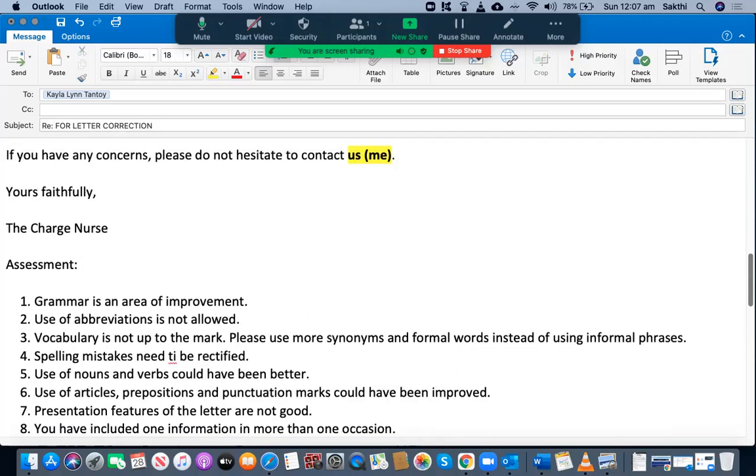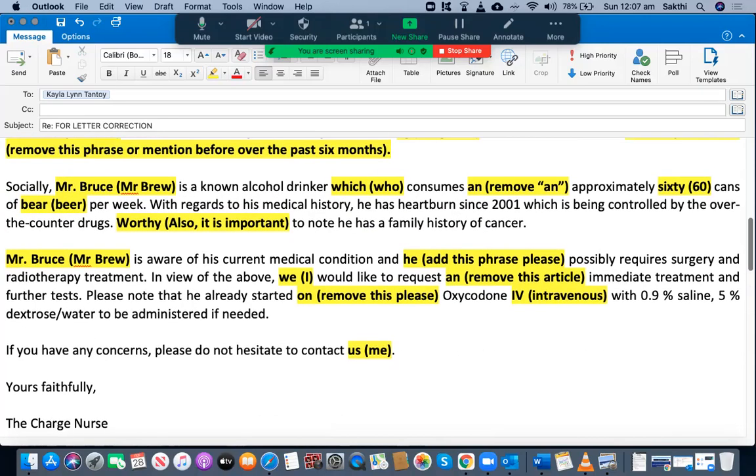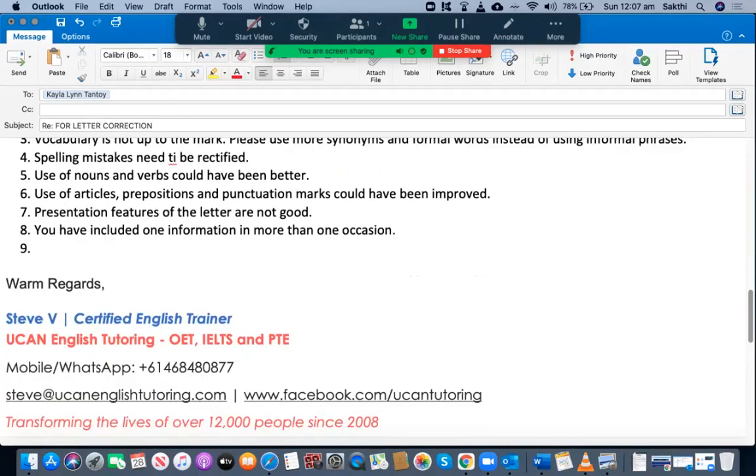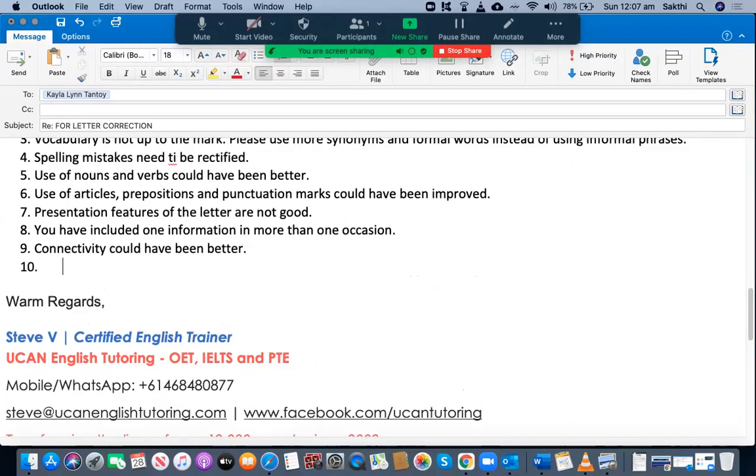Okay, let me go through the remaining things. Connectivity could have been better. Overall task fulfillment needs to be improved.